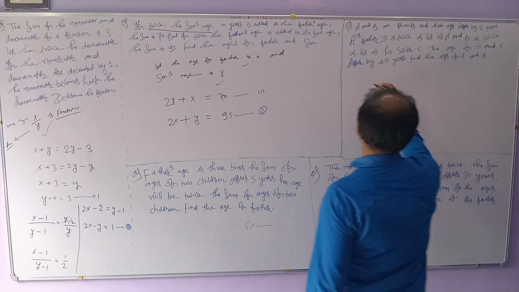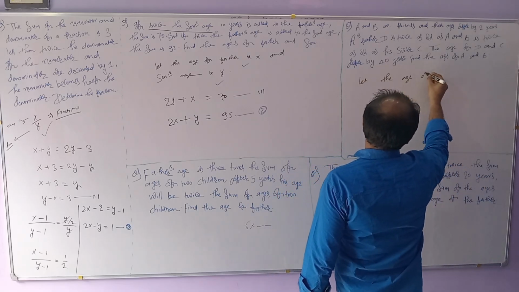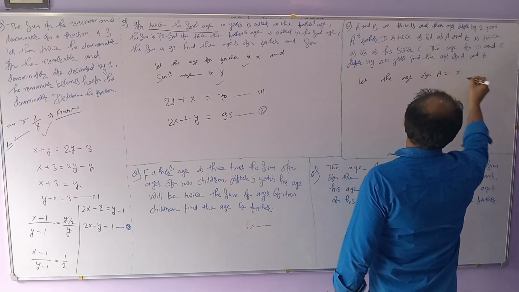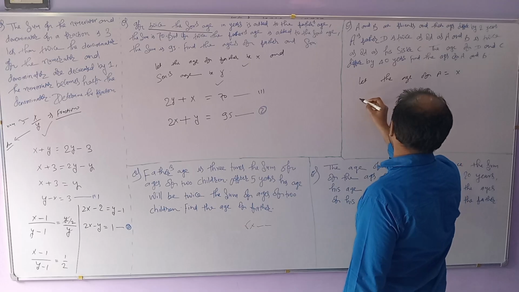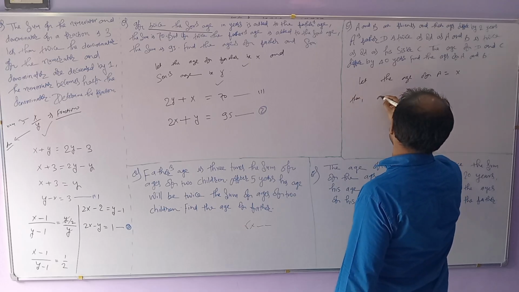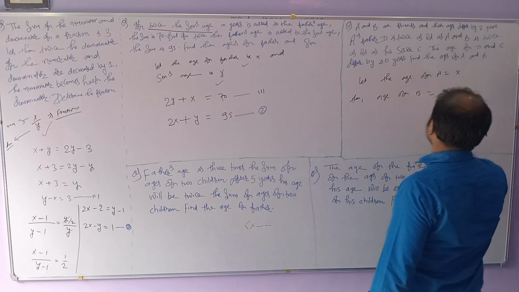Let the age of A be equal to x. Then the age of B is equal to y.